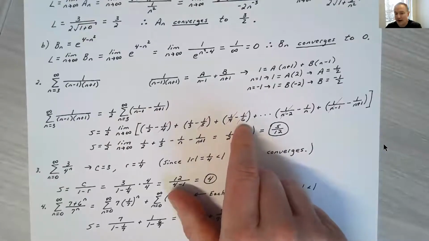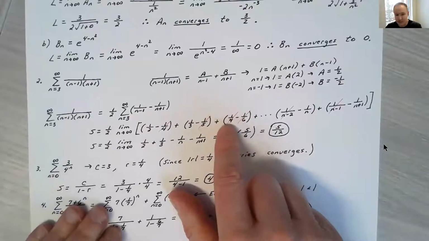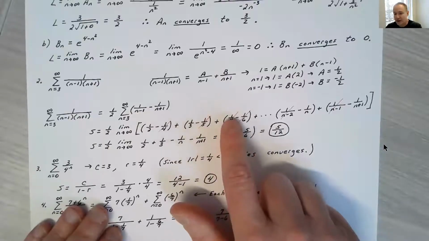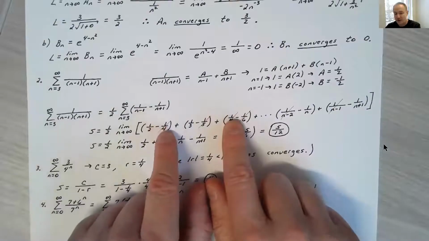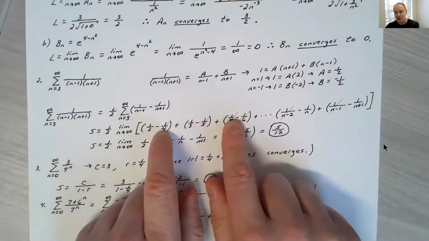And you think, well, why? Because the third term is going to start with n equals 5. When n is 5, your first term is a positive 1/4. Your second term is going to be a minus 1/6. That positive 1/4 cancels with 2 terms prior minus 1/4.